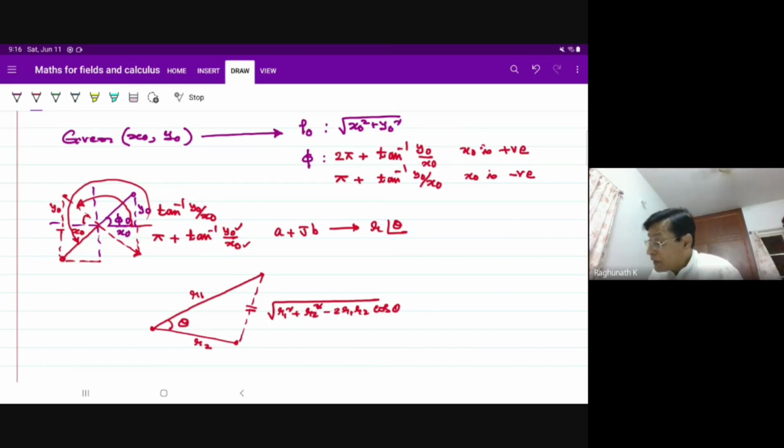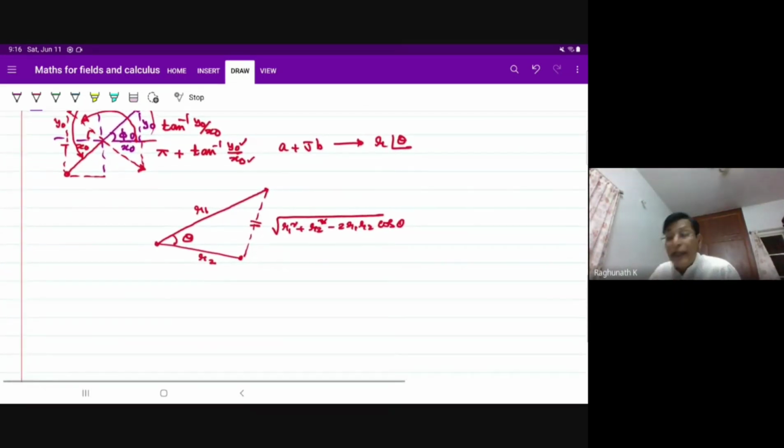Now, if somebody gives us R1 at an angle theta 1 and R2 at an angle theta 2, or R1 phi 1, R2 phi 2, the difference is phi 1 minus phi 2 or phi 2 minus phi 1 magnitude.